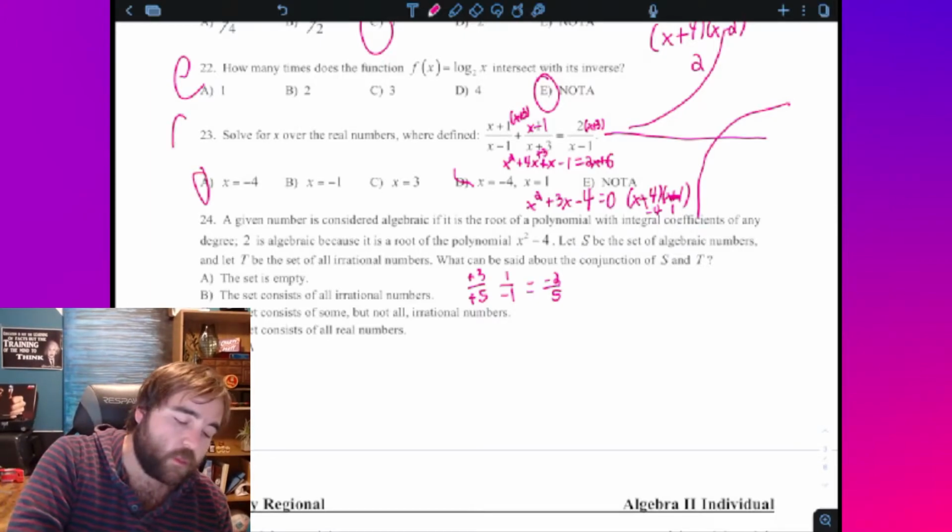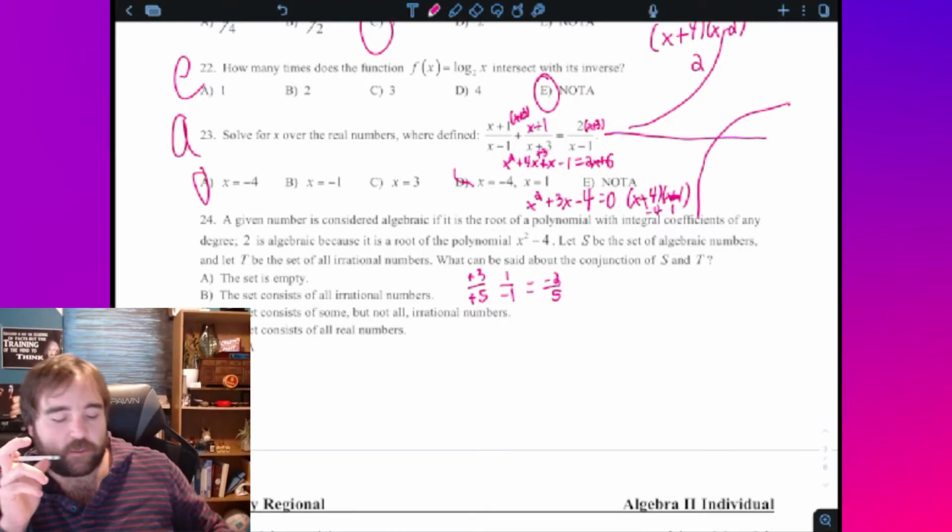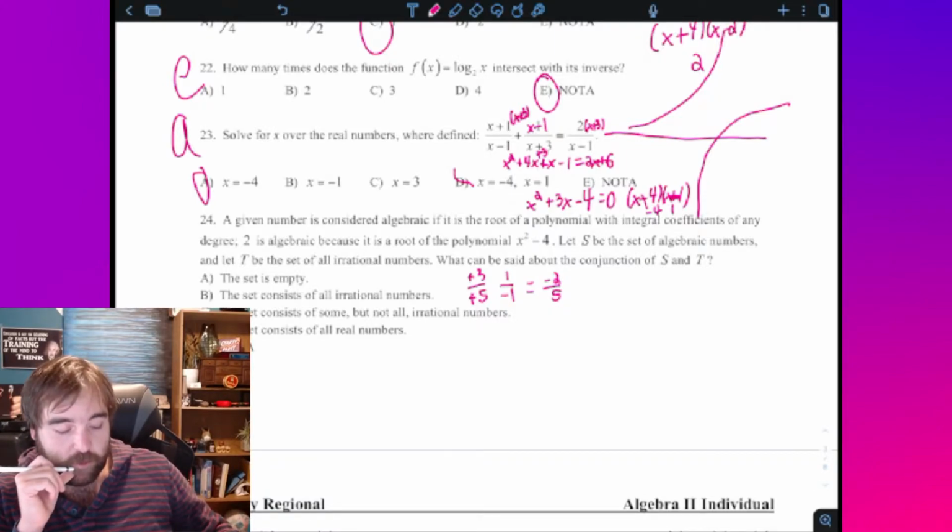Okay. A given number is considered algebraic if it is the root of a polynomial with integral coefficients of any degree. 2 is algebraic because it is a root of the polynomial x squared minus 4. Let S be a set of algebraic numbers, and let T be the set of all irrational numbers. What can be said about the conjunction of S and T?